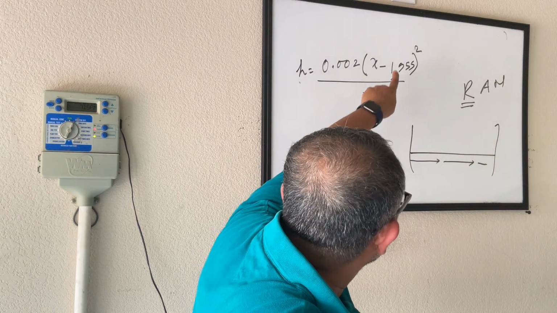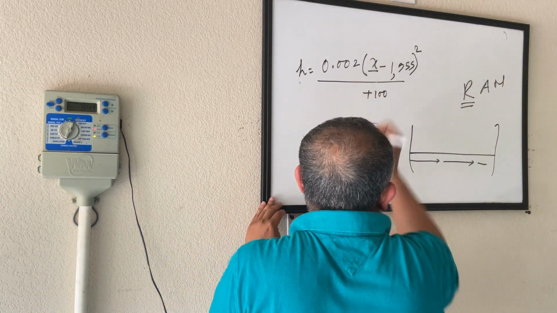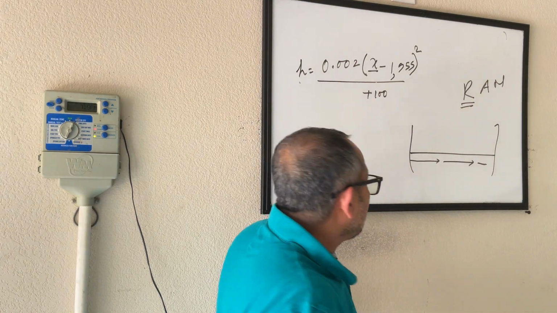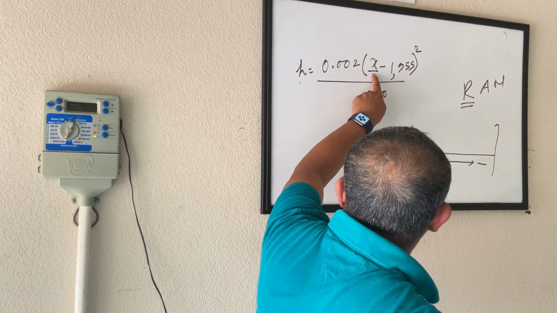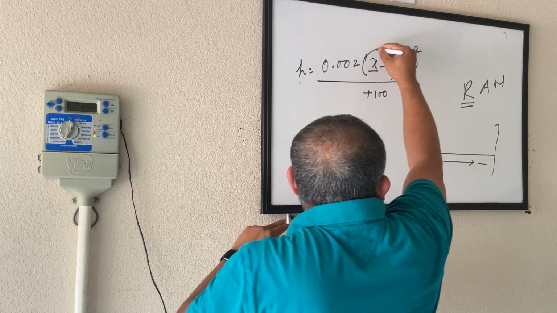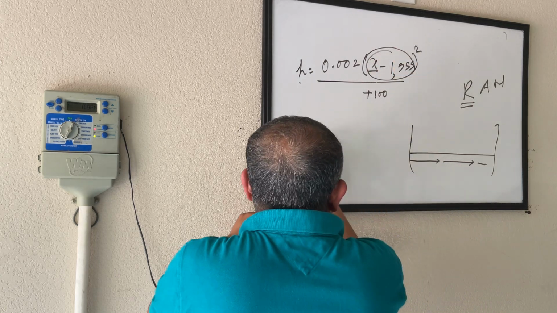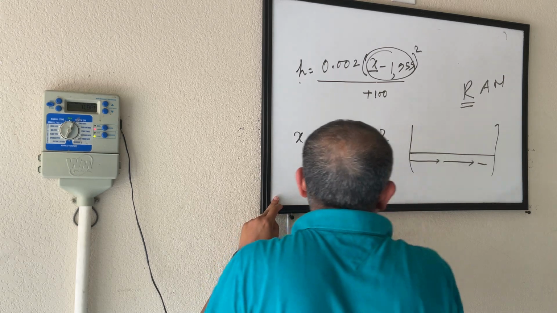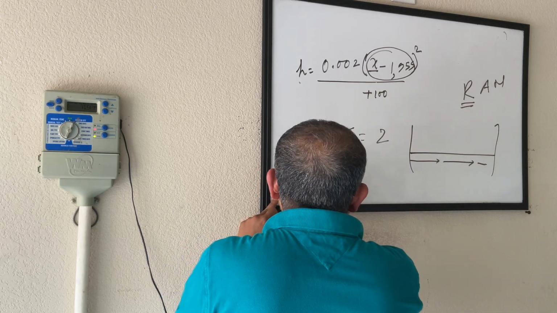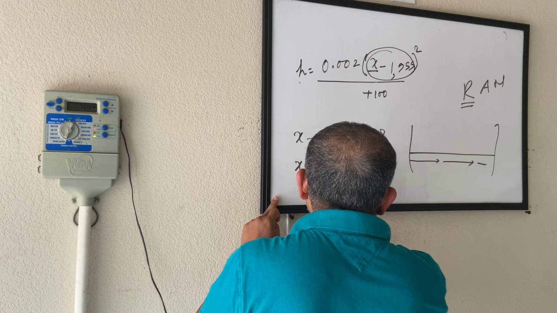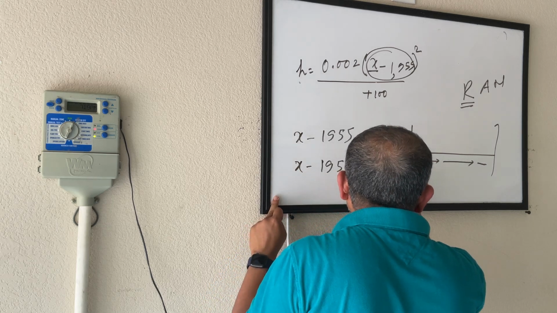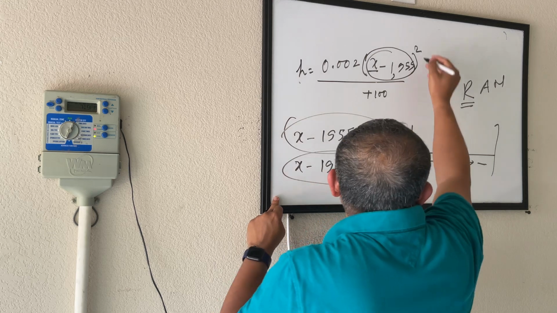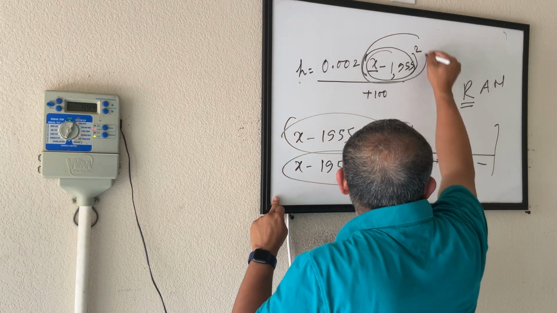But now whether x is 1 or whether x is 5000, whatever be the case, as a sum of these two, x minus 1955, whether I am getting a 2 or whether I am getting a minus 600, the square of this whole thing is always going to be a positive thing.